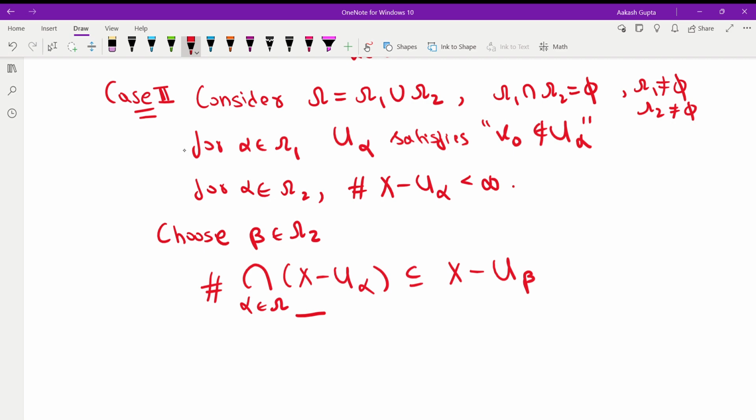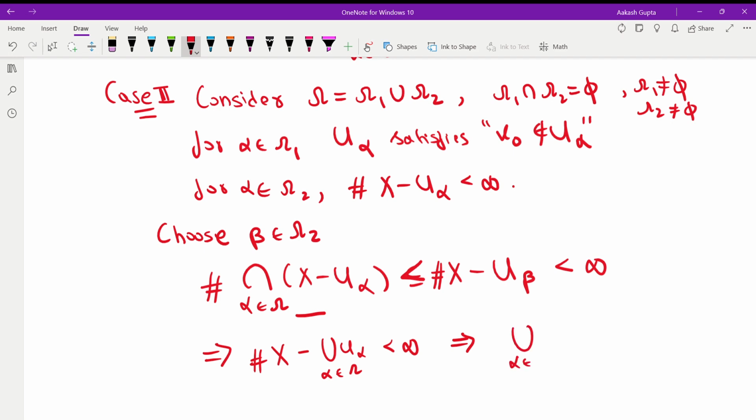So the cardinality of this would be less than or equal to the cardinality of this, which is finite, and this implies what? X minus the union of u alpha, the cardinality of this set is what? Finite. So this again implies that this union is in tau.